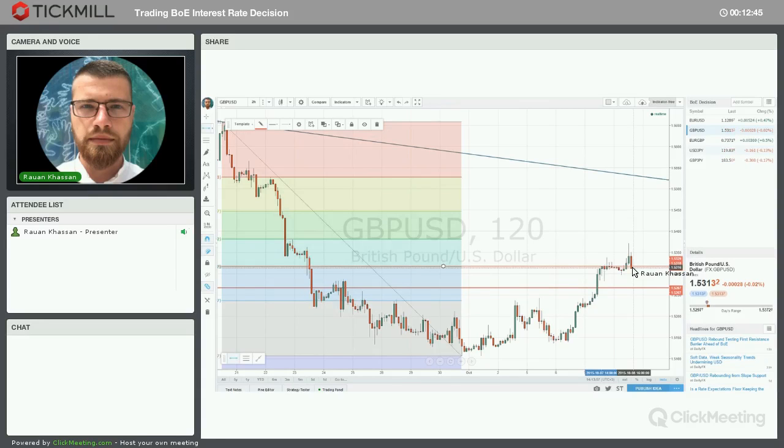And still, you need to remember this static resistance line, because once it's broken, it will automatically start working as a static support line. And that's exactly what's happening at the moment. So 1.5318 is broken, and the pair is trading below it.